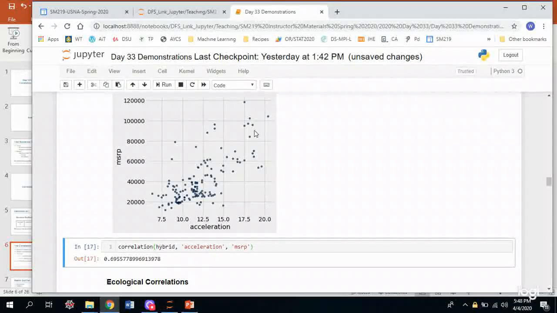Here we get a number that's maybe a little bit closer to 1, and that's because we do see some kind of trend here that looks maybe close to linear, but there's quite an awful lot of scatter off the line of best fit here, and so maybe we should be cautious about saying that there's a really strong linear association here, but there's definitely a positive trend, and that's measured by the positive R value.